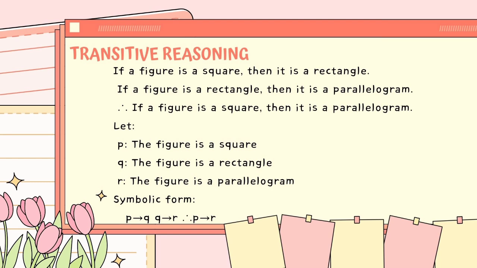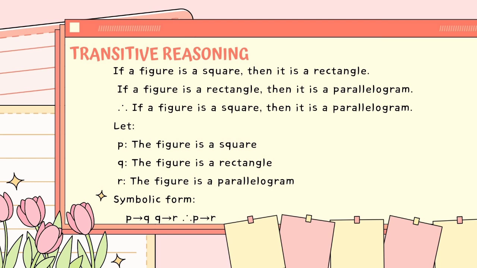So in transitive reasoning, P implies Q, Q implies R, our conclusion therefore P implies R. For example, our premise 1, if a figure is a square, then it is a rectangle. Ang P natin dyan, a figure is a square, and then ang Q natin dyan, it is a rectangle.